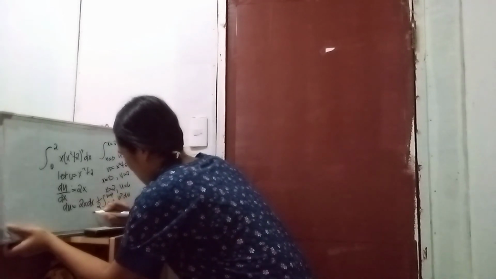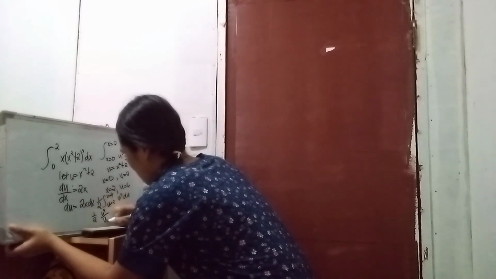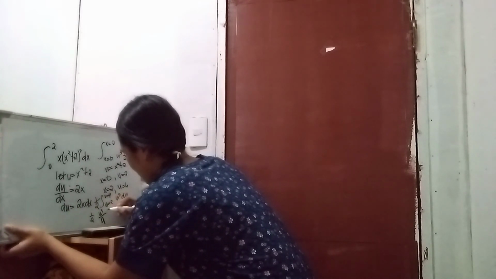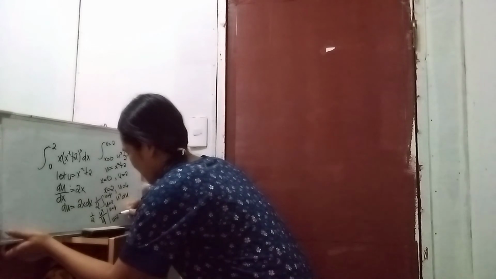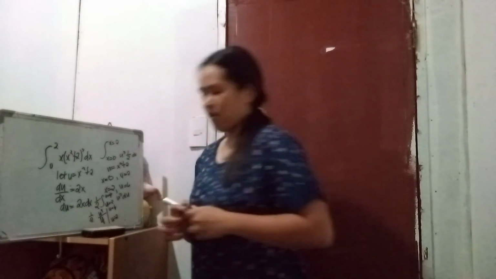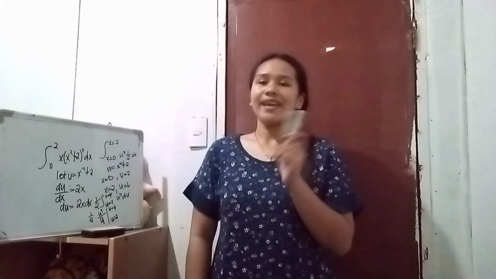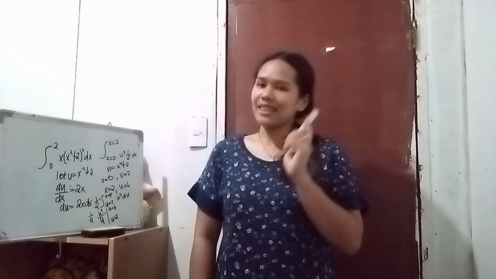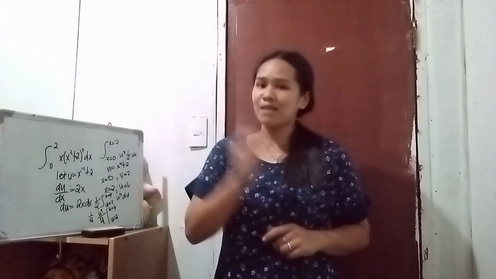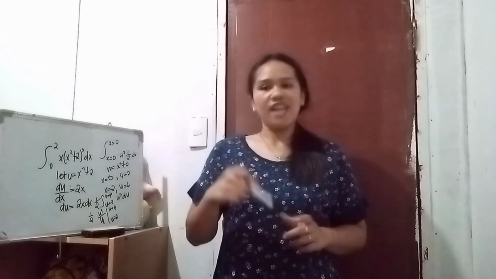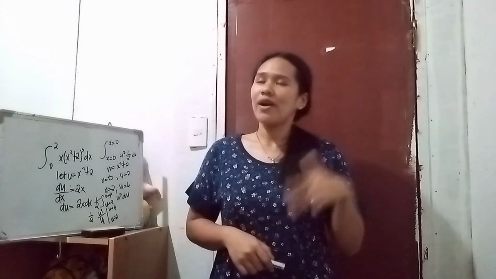Now everything is in terms of u, so I can do the substitution even before I integrate. The integral of u cubed du is simple: 1 half times u to the 4th over 4, evaluated from u equals 2 to u equals 6.